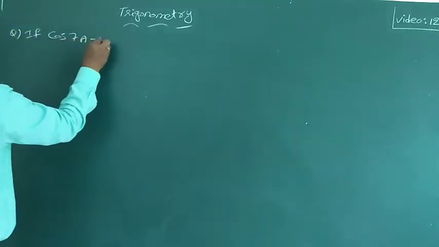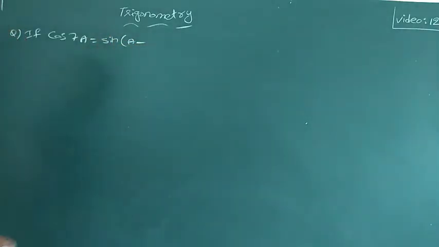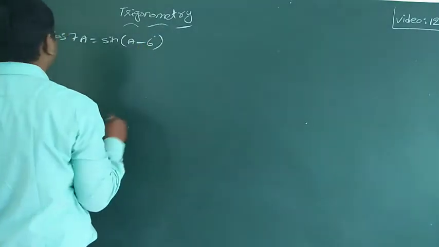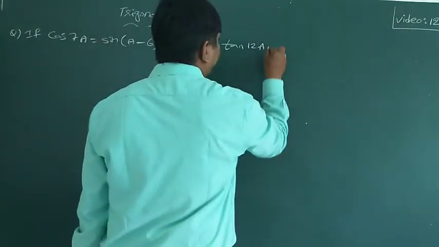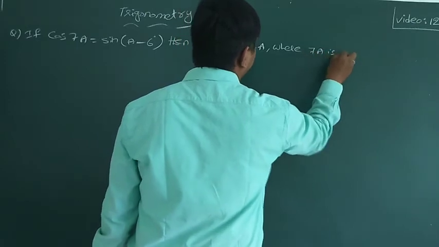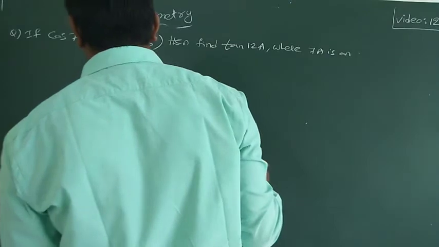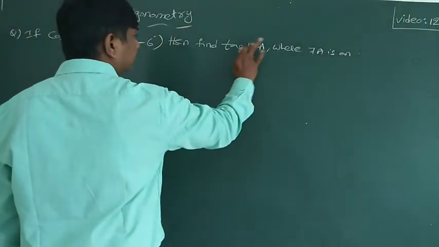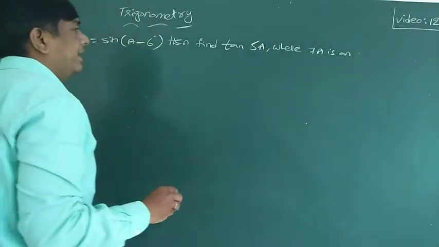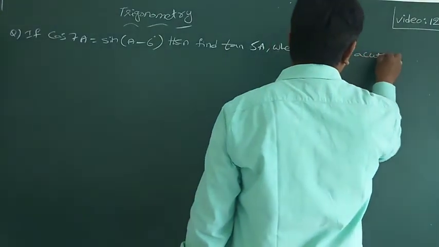Next question. If cos 7A is equal to sin of (A minus 6 degrees), then find tan 5A, where 7A is an acute angle.